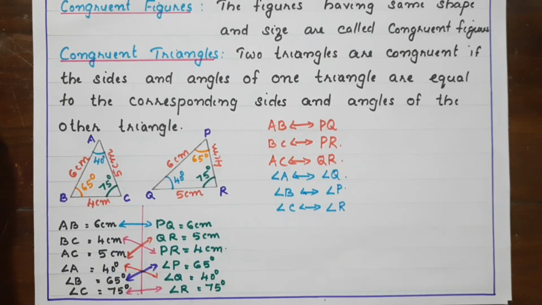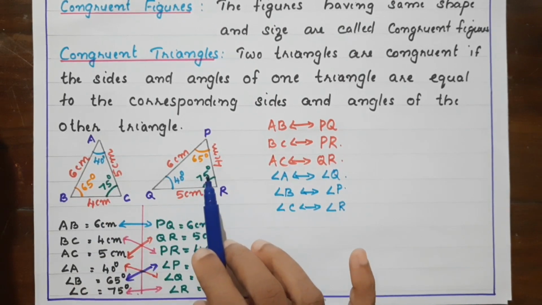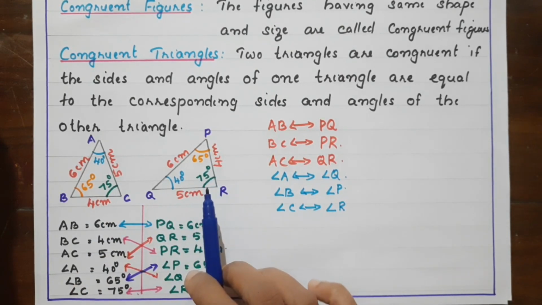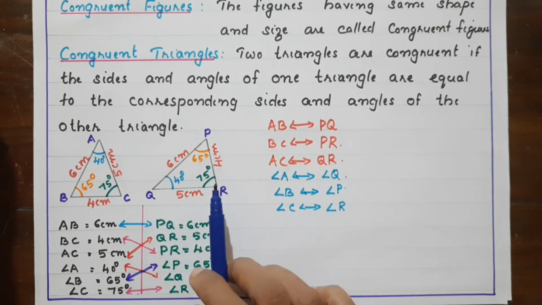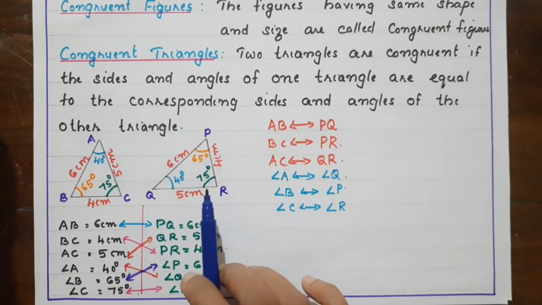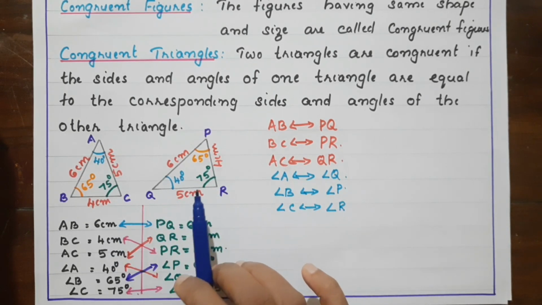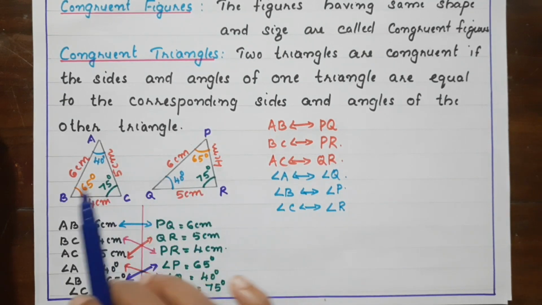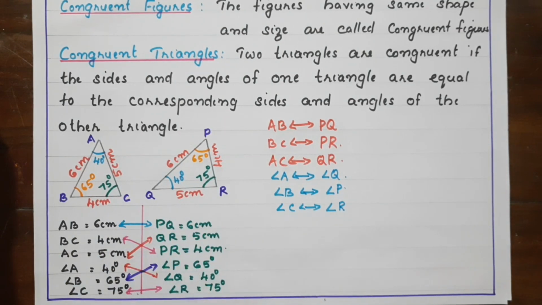But we can't say triangle ABC is congruent to triangle PQR. Then it will be wrong. Why? Because when we say the congruency, we have to say the corresponding sides in same order. Okay.